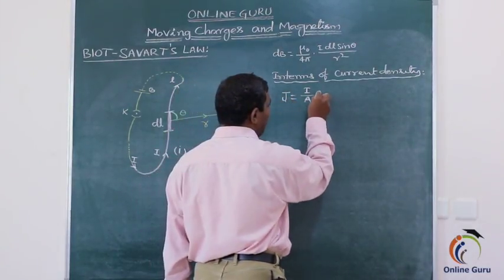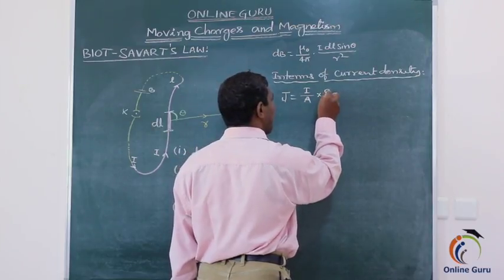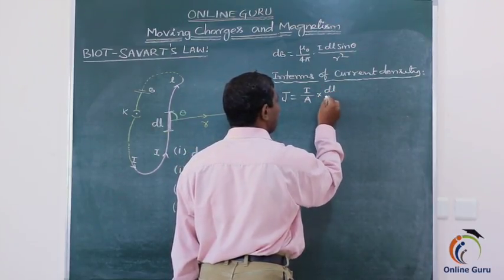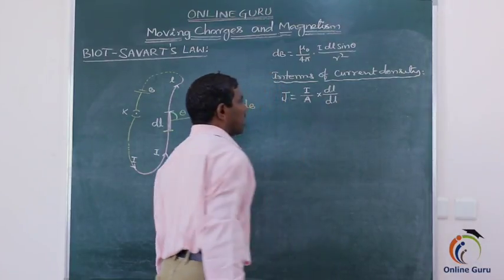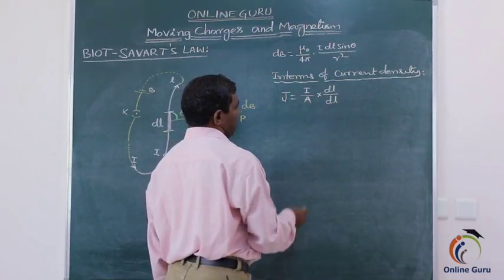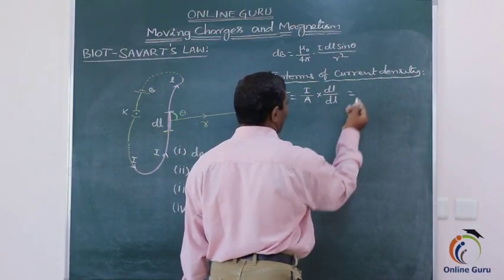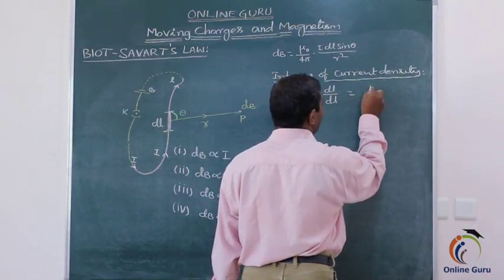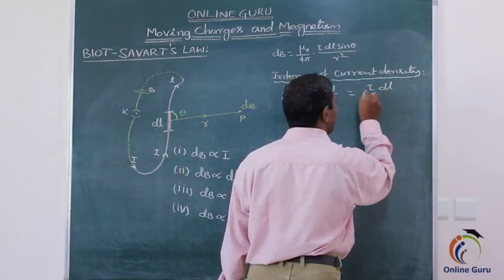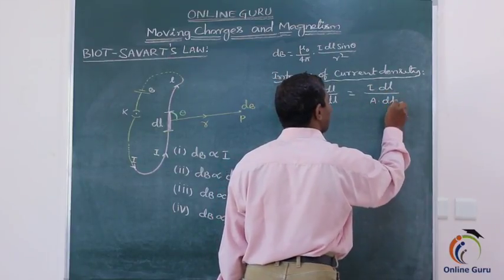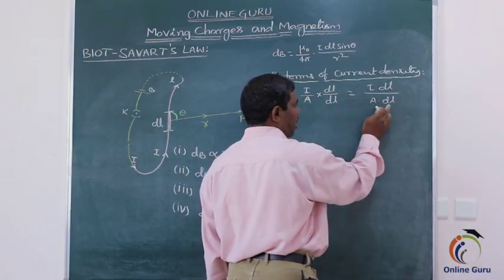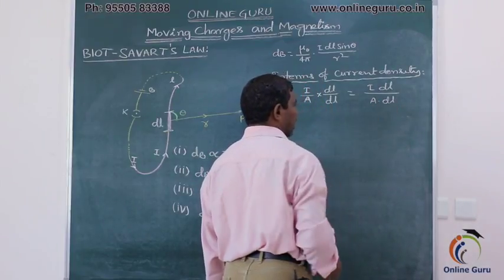Now we multiply by the current element dl, and without changing the value we divide by dl, which is equal to I into dl divided by A into dl. A is the area, dl is a small length.